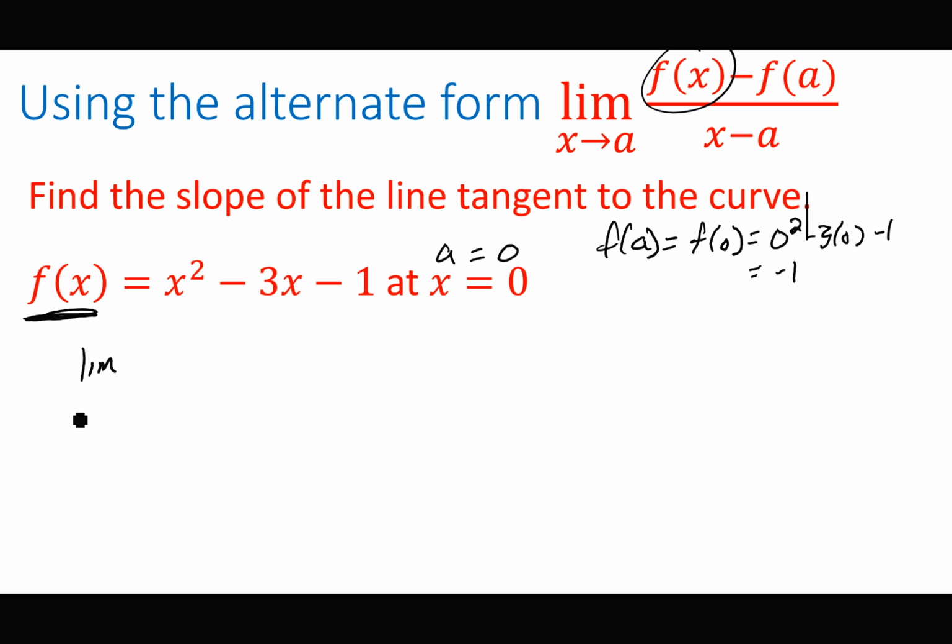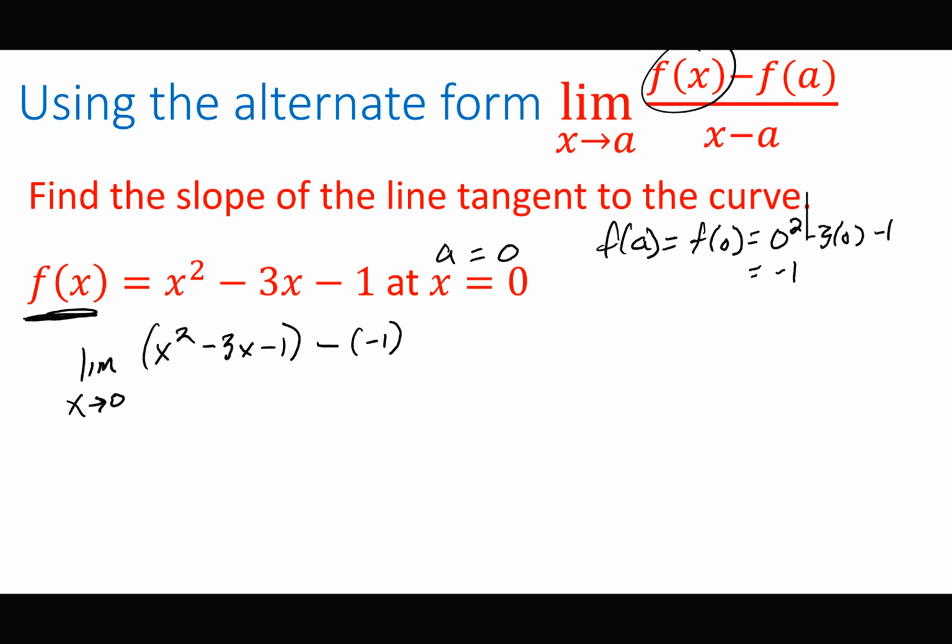So my limit as x approaches a, well, I know a is 0, so we're trying to take it as x approaches 0 of f of x. Well, f of x is x squared minus 3x minus 1. Okay, and for these, I like to put them in parentheses so I understand it's this whole piece minus a -1.